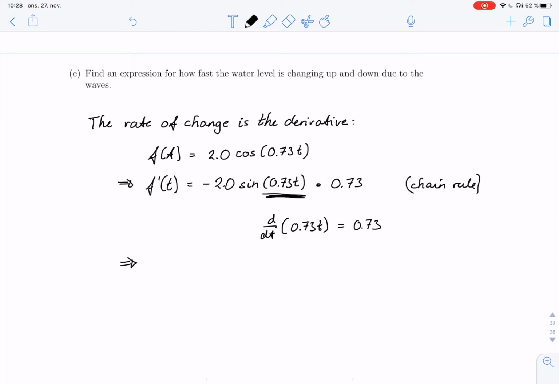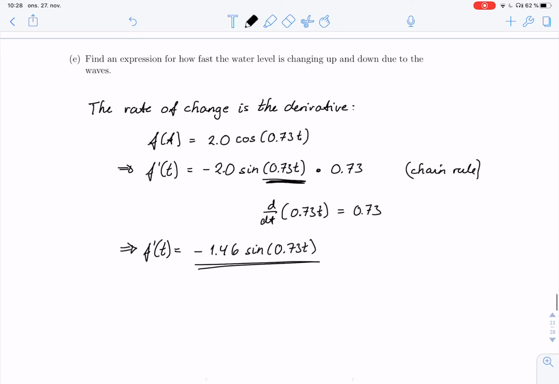So we have applied the chain rule here. That would give us f derivative t equals minus 1.46 sine 0.73t. So that would be an expression for how fast the water level is changing.